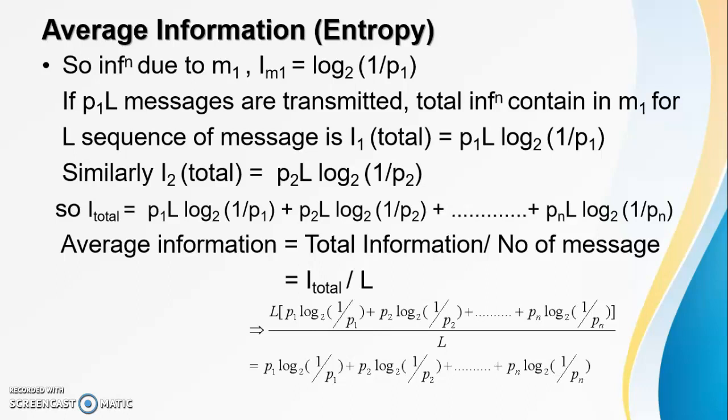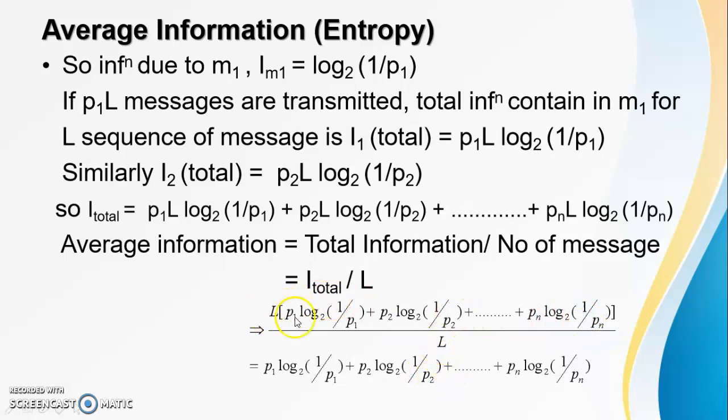Average information equals, we know, total information by number of messages. So it is I total by L. Now I total is written here. Under the bracket we can take L common, and under the bracket write the remaining part: P1 log 1 by P1 plus P2 log 1 by P2 up to Pn log 1 by Pn.